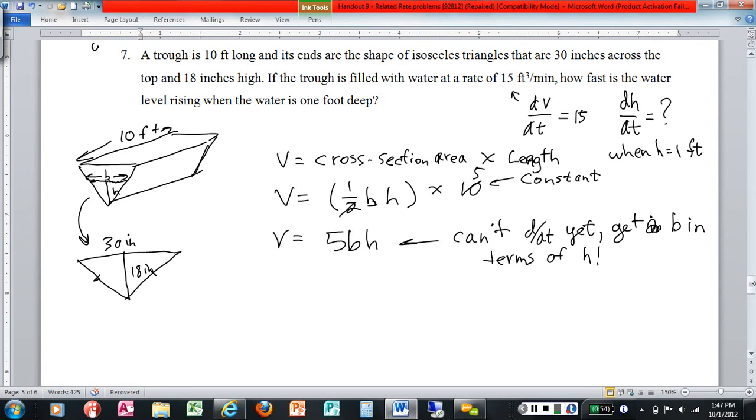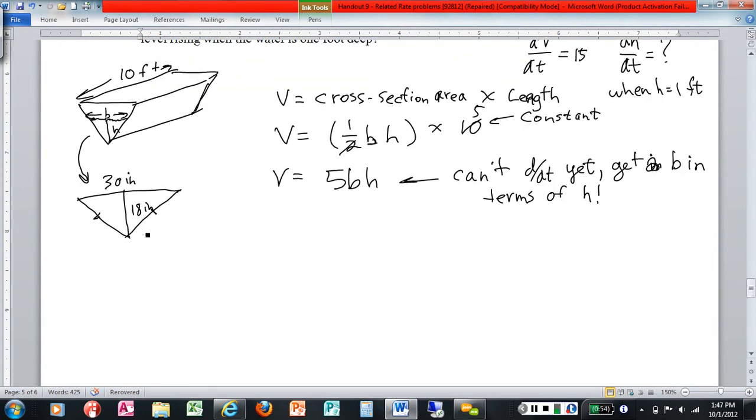Do you see, if you look at the big triangle and then this little triangle, with this is H and this is B, I have a nice little scenario here? What do I have? Similar triangles, aren't they? And what do you know about similar triangles? Their sides are in proportion, right? So I can set up a little proportion.